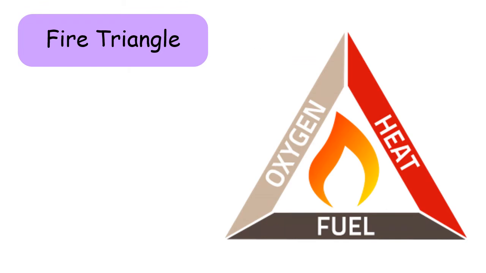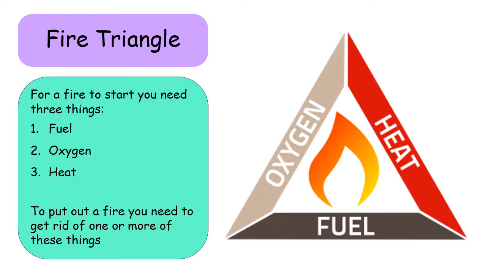Now, when it comes to combustion, we need to start a fire, and there are three things needed for a fire to form. We need the fuel, we need oxygen to react with the fuel, and we need heat to start the reaction. If you have those three things together, a fire will start.